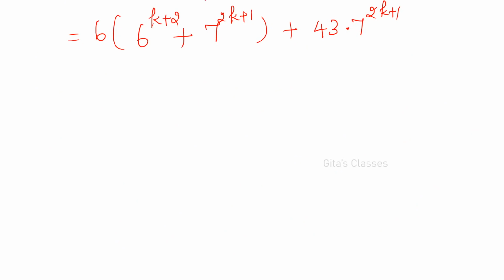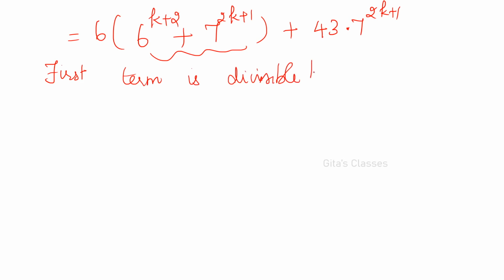So by induction hypothesis, this term is divisible by 43. So the first term is divisible by 43. How do you know that? By induction hypothesis.